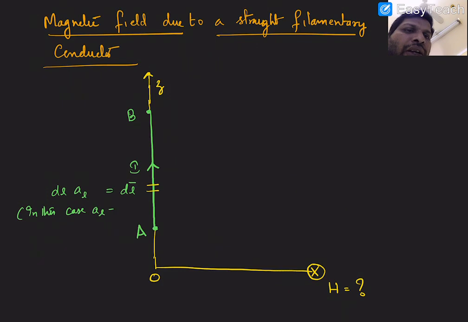Since the current is going along the z axis, it is going in the direction of the z axis. In our case al is equal to az, okay. So that you have to note down.